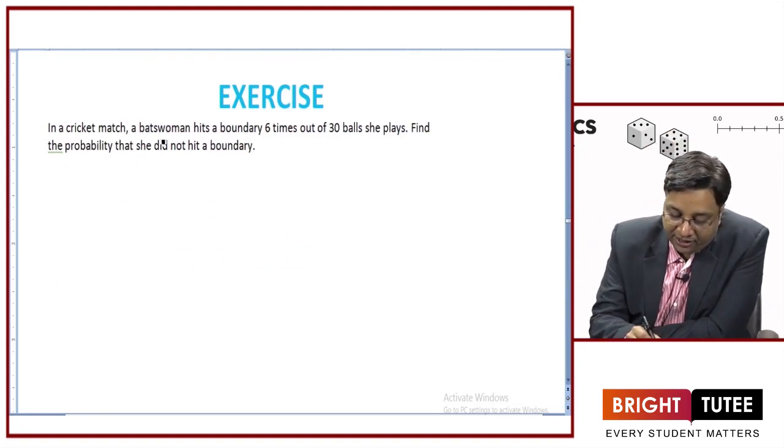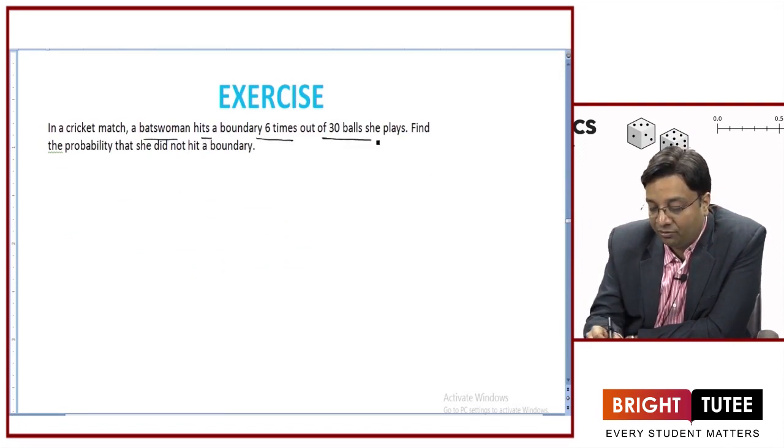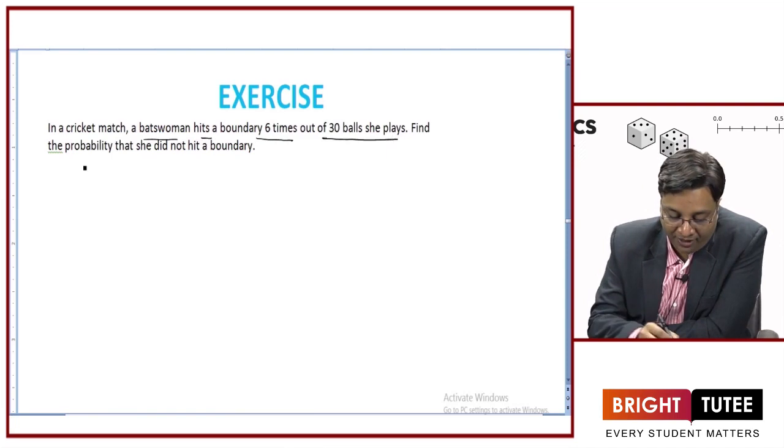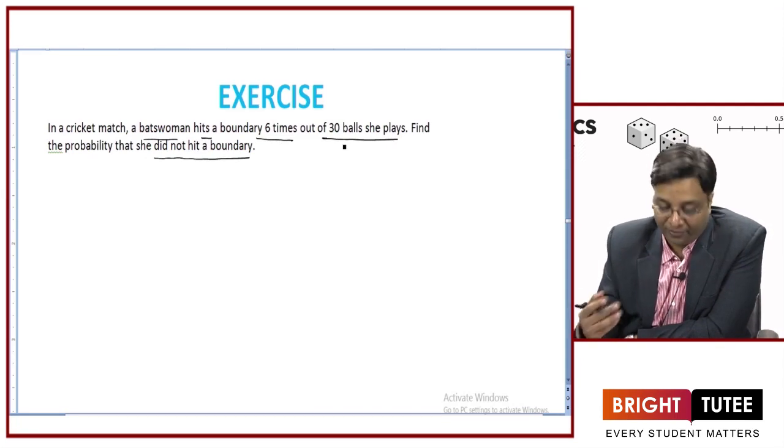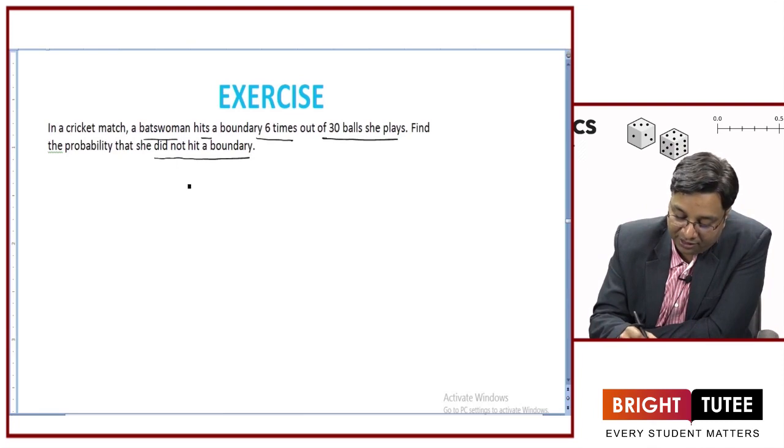In a cricket match, a batswoman hits a boundary 6 times out of 30 balls she plays. Find the probability that she did not hit a boundary. So 6 times out of 30 she hits a boundary. So how many times did she not hit a boundary?